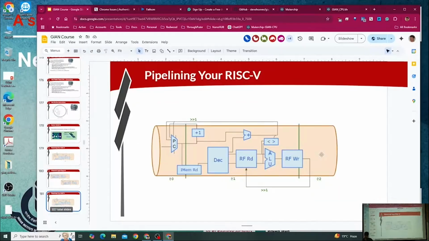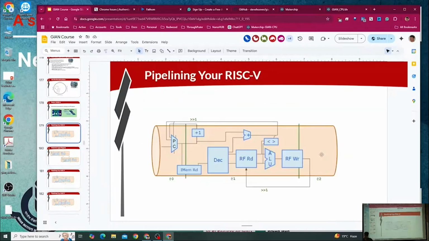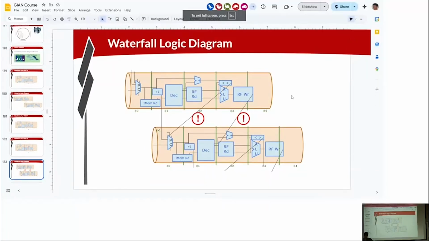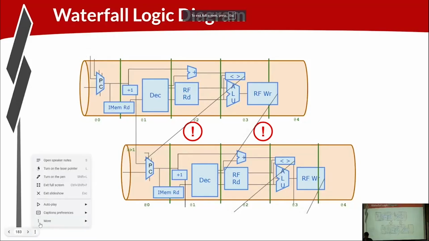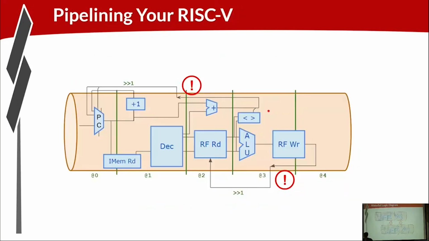So first, why doesn't this look right to me? Oh, so this is what we're aiming for. First, we dealt with the hazards. So the branch hazard here, and the read after write hazard here.